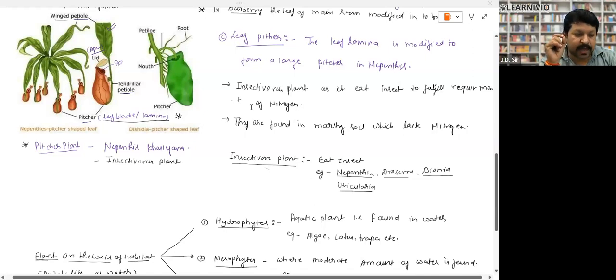That's why they are called insectivore plants. Full stop.